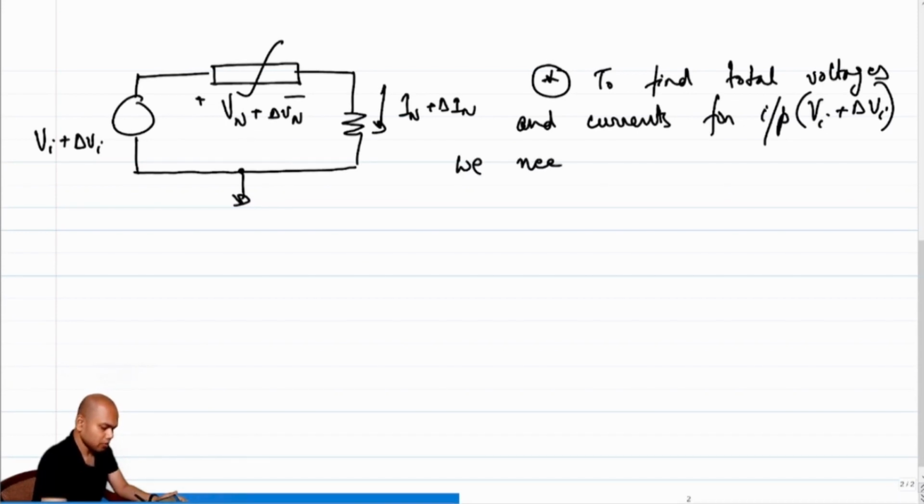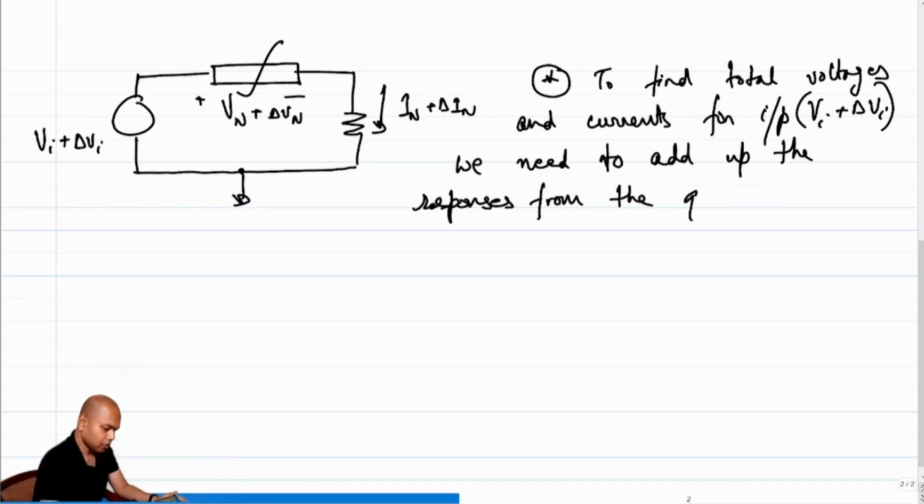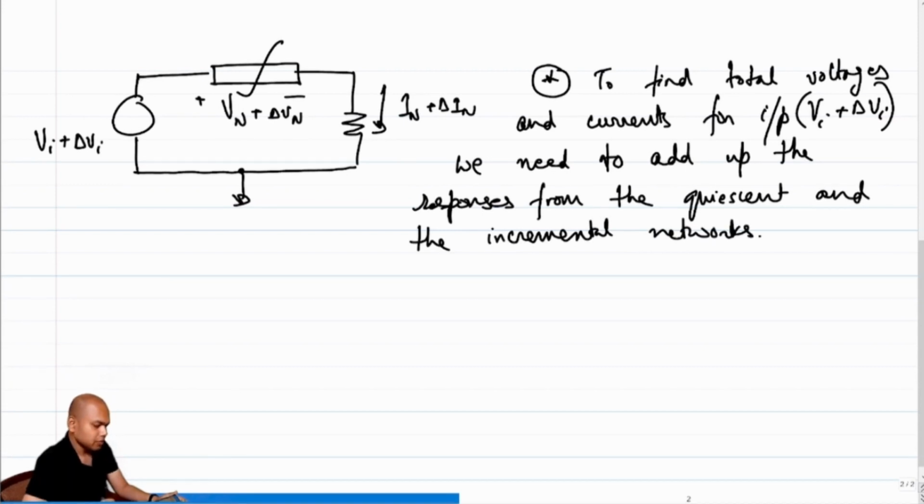We need to add up the responses from the quiescent and the incremental networks, right?